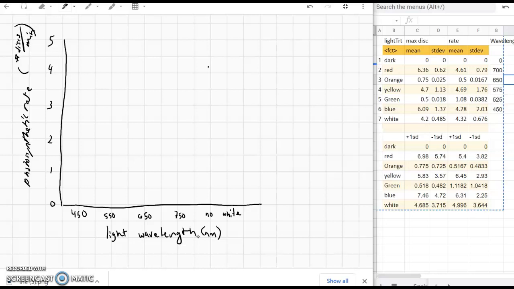Alright, so our first point is actually dark, and it has 0 for its photosynthetic rate. So put it down here. The next is red at 700, and its rate is at 4.61.